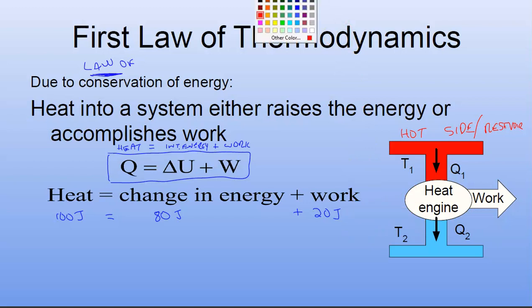The reason there's a hot side and a cold side is because we know that heat travels from hot to cold. Cold reservoir or whatever. So I've got heat that's going to move this way. And that's that big Q right there.